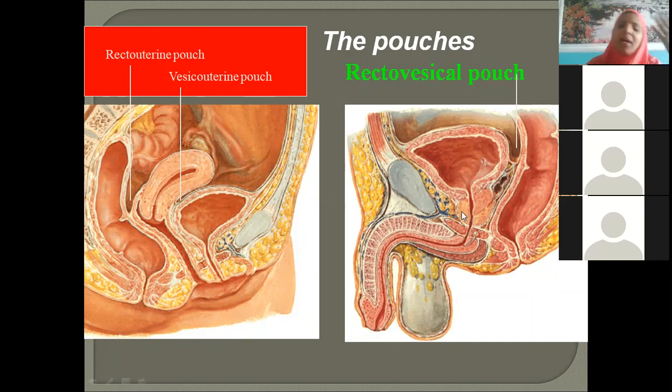This is prostate, but I am asking very simple, ma'am. What is this? Urinary bladder. What is this? Rectum. So between the urinary bladder and rectum, anal canal, what is the name of the fold of peritoneum, Lokesh?